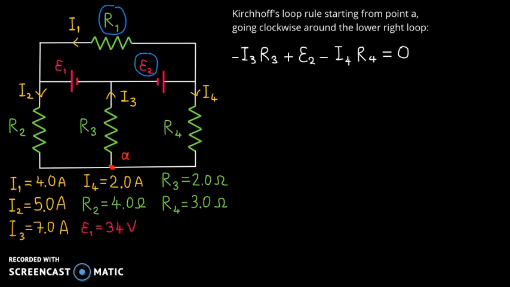Now, starting from point A, I go up, I cross the resistor R3 in the direction of the current I3, so that's a decrease in potential. By how much? By I3 times R3, so I start with negative I3 times R3. Then I turn right and I cross the EMF2 from its negative terminal to its positive terminal.